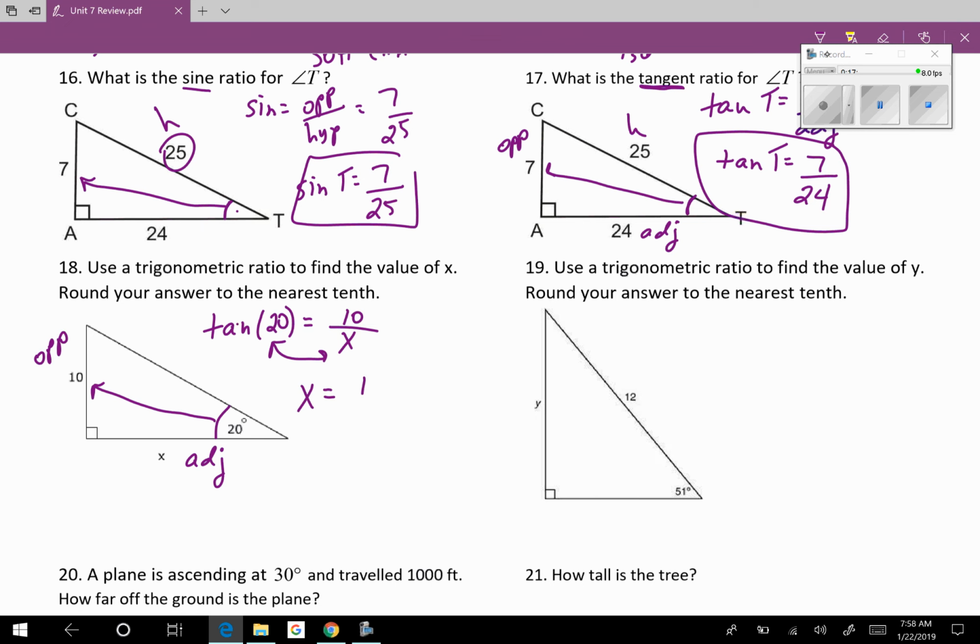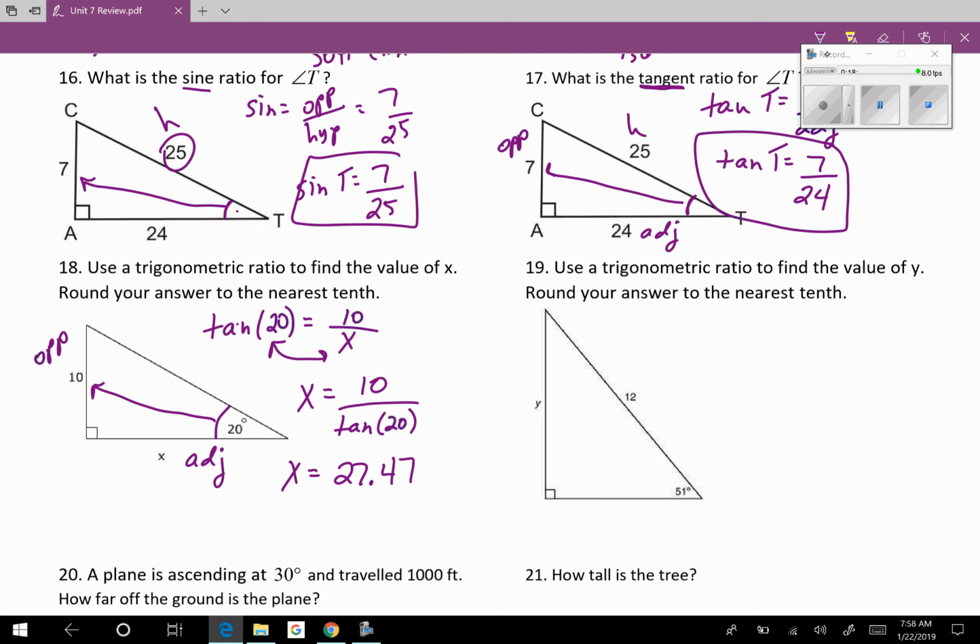So x is equal to 10 divided by the tangent of 20. And so now you're going to calculate that, and make sure that your calculator is in degrees. So do 10 divided by, and then you press the trig button, and you get tangent, and you put in 20 in the parentheses, and enter.